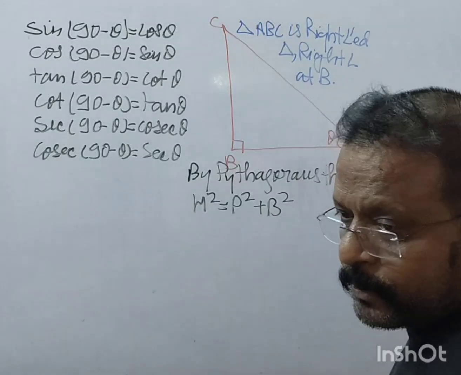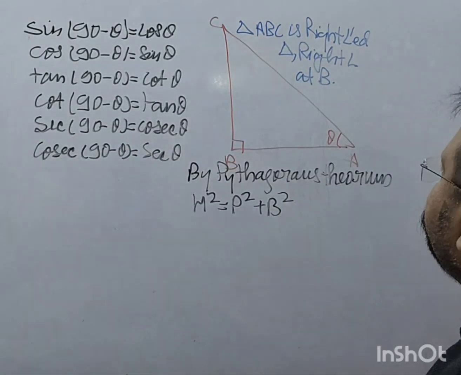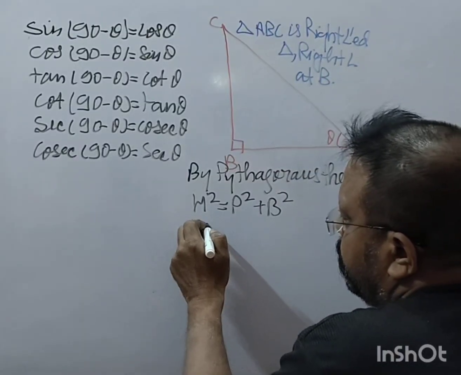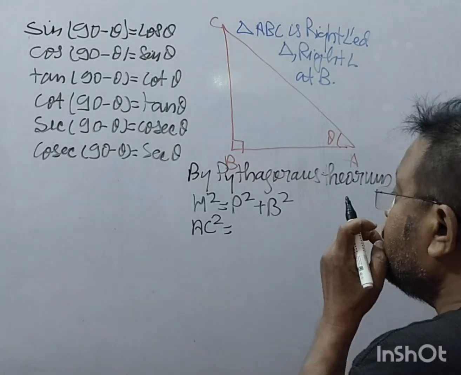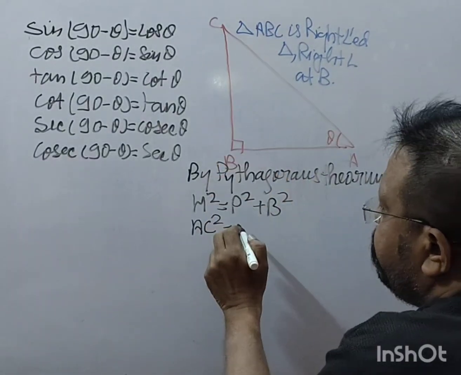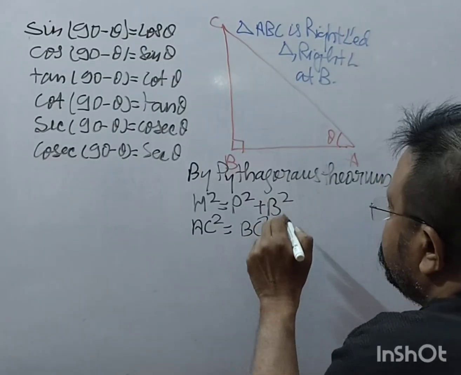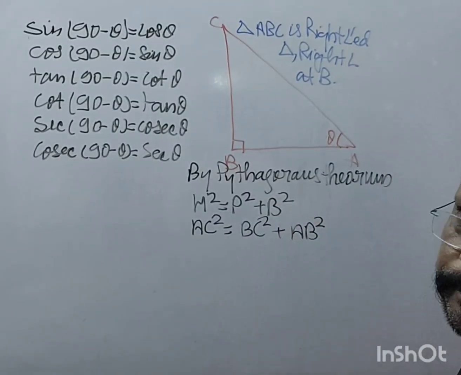So what is perpendicular? What is hypotenuse? AC square is equal to perpendicular BC square plus base AB square.